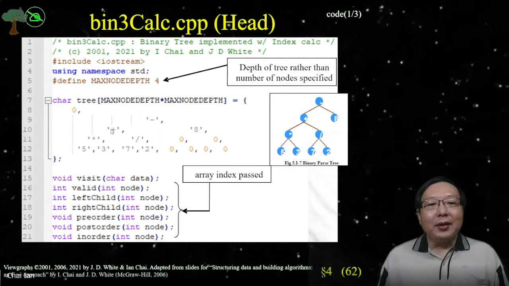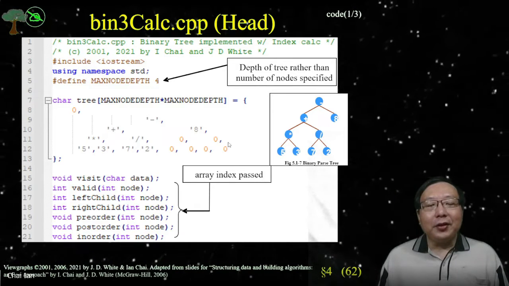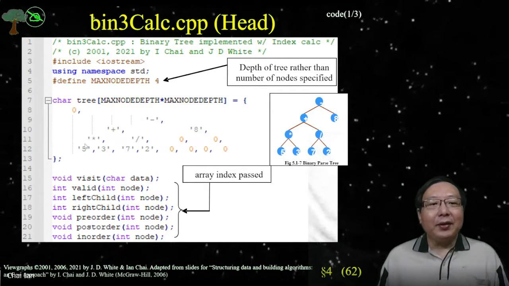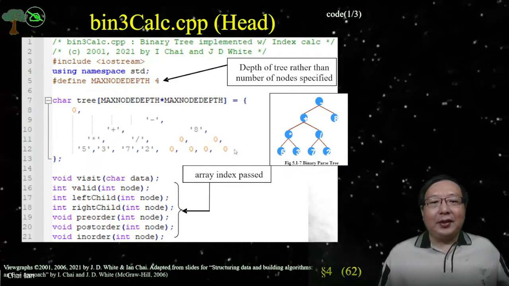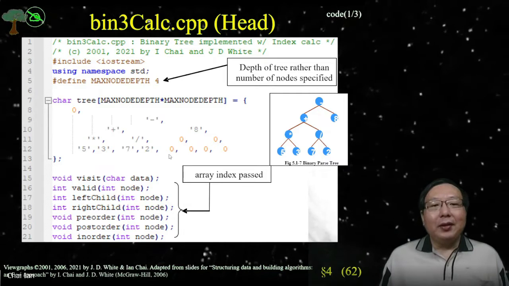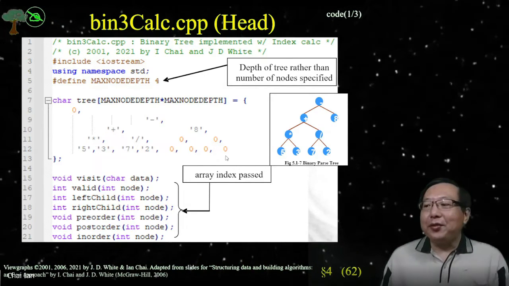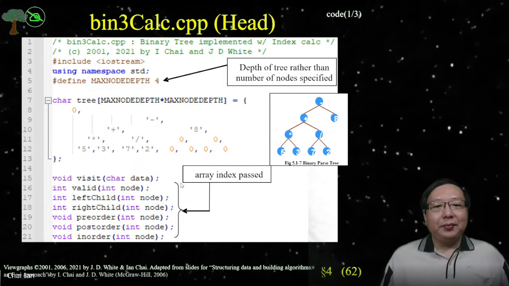The second level is the 2 children of the root. Then you've got the 4 children of the next level and the 8 children of the next level. And I purposely typed it in like this so you can see the tree visually.